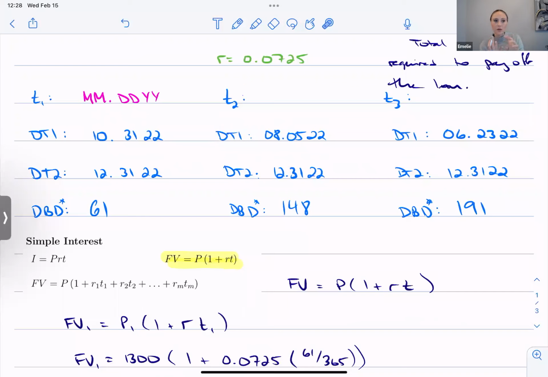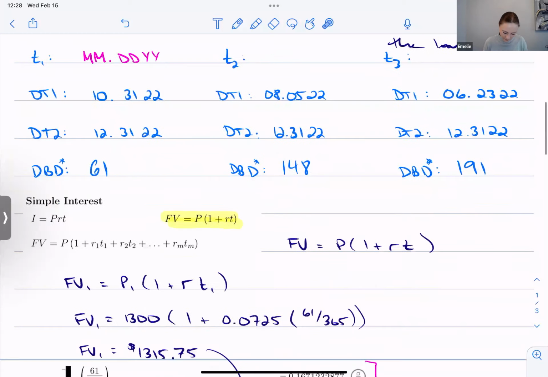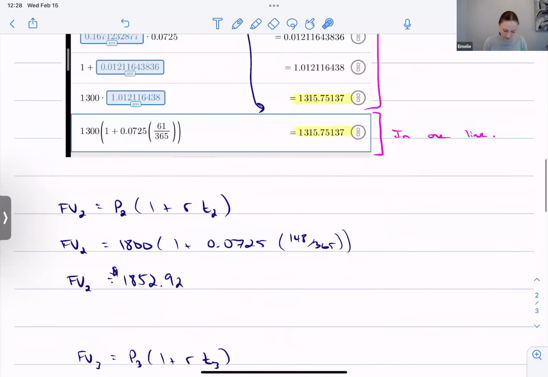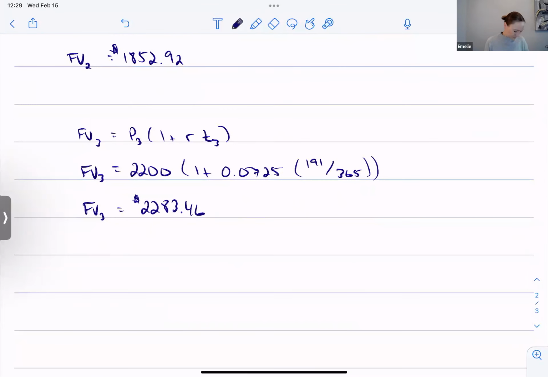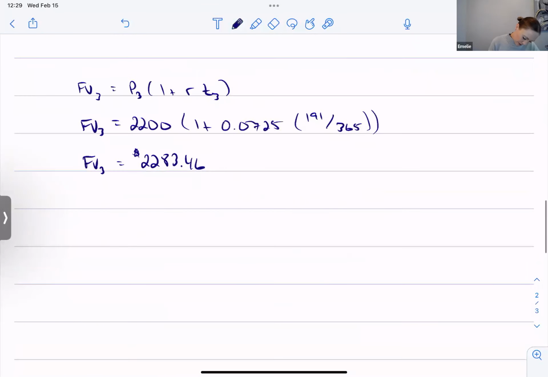It's the principal amount that you borrowed or put in the bank, invested, right? Plus the interest, right? That you're either getting or giving. Okay, if you borrowed money, you have to give it back. So then the total owing, right? The total amount that she would have to pay on December 31st is future value 1 plus future value 2 plus future value 3.